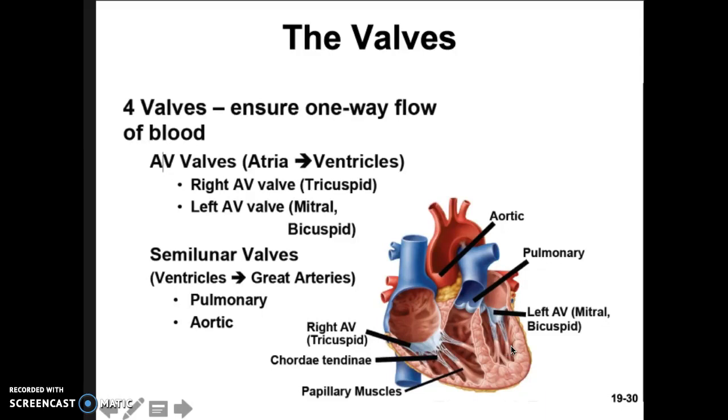Another pair of valves are the semilunar valves, the pulmonary semilunar valve and the aortic semilunar valve. The pulmonary semilunar valve is located at the base of the pulmonary trunk and the right ventricle. The aortic semilunar valve is located at the base of the aorta and the left ventricle.